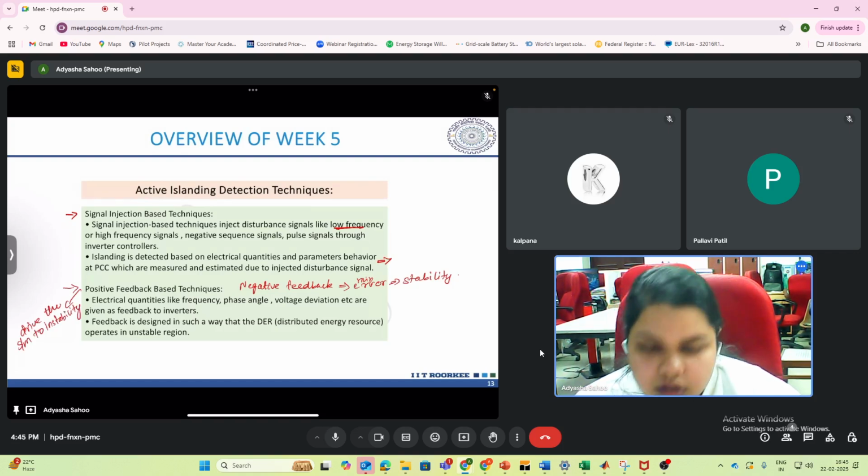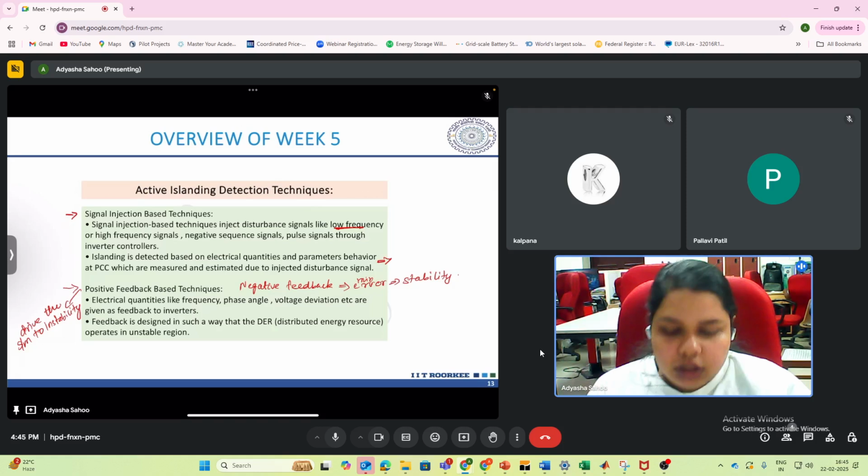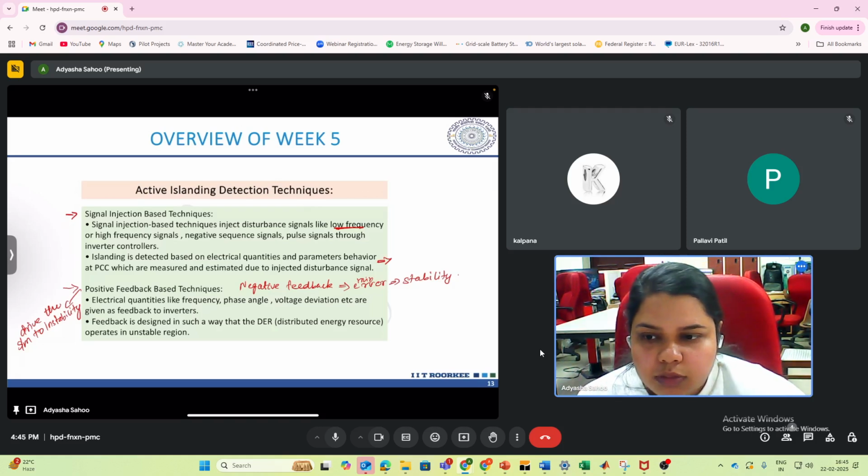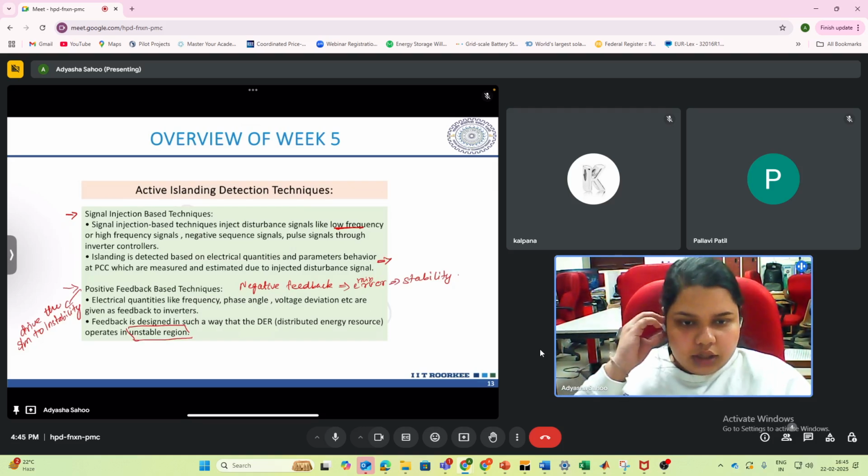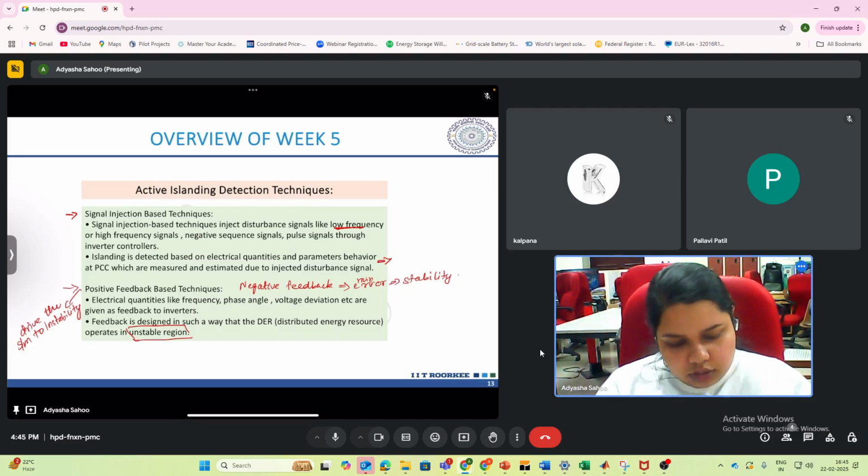So here, knowingly you are giving positive feedback to the inverters and driving them to their unstable region, and then you will check whether the islanding detection has taken place or not.